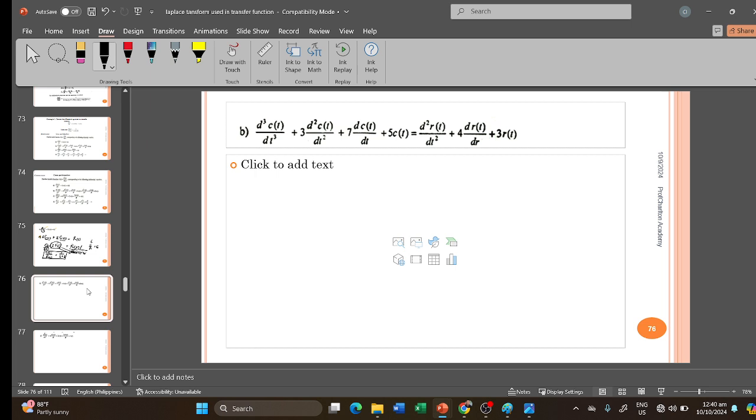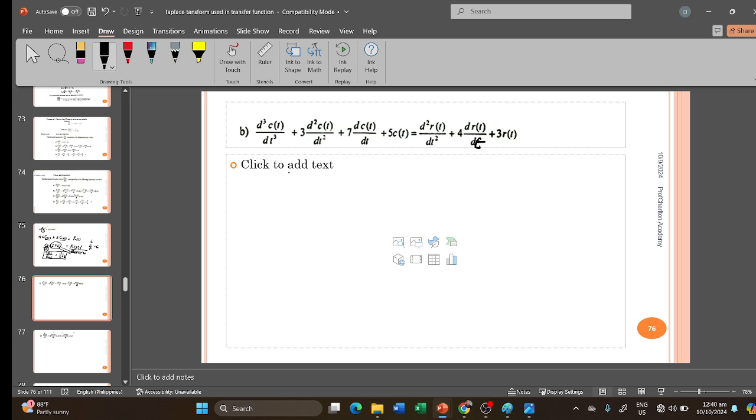Okay, next we go now to this expression, the letter B: d cubed over dt cubed c(t) plus 3 d squared c over dt squared plus 7 dc over dt plus 5 c(t) equals d squared r(t) over dt squared plus 4 d over dt r(t) plus 3 r(t).